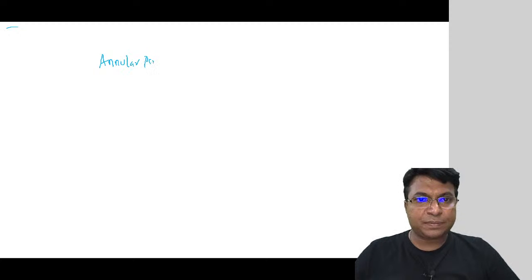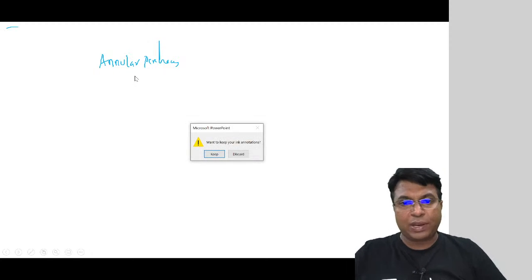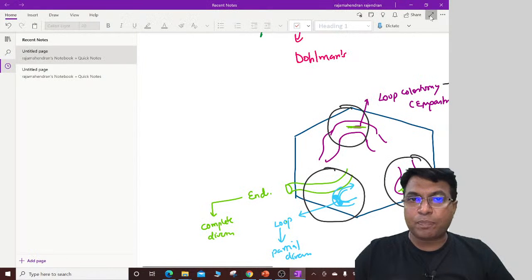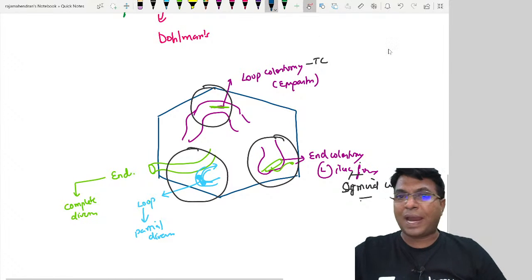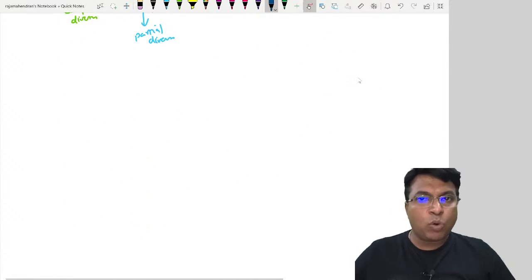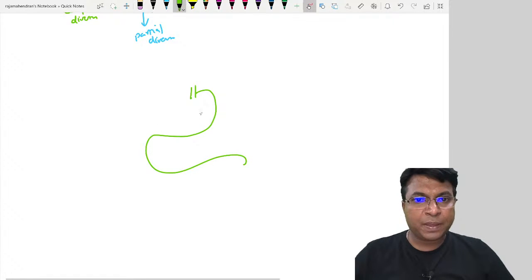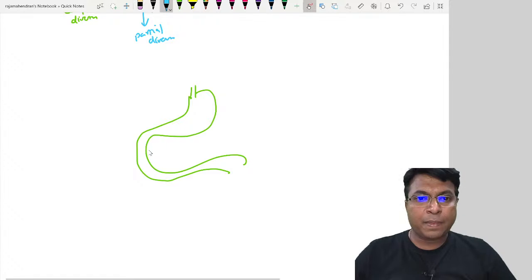Annular pancreas is due to failure of rotation of what? It is due to failure of rotation of the ventral bud of pancreas. Very interesting first word. Once you have got a question on annular pancreas, in future you can get more questions on it, so please understand what it is. This is the duodenum, this is the dorsal bud of pancreas, and this is the ventral bud.